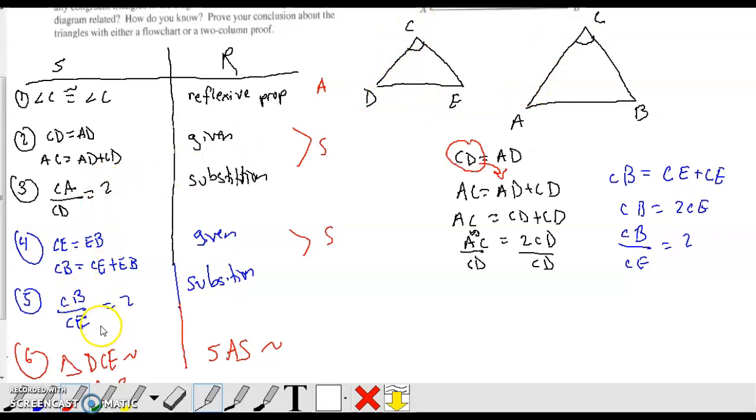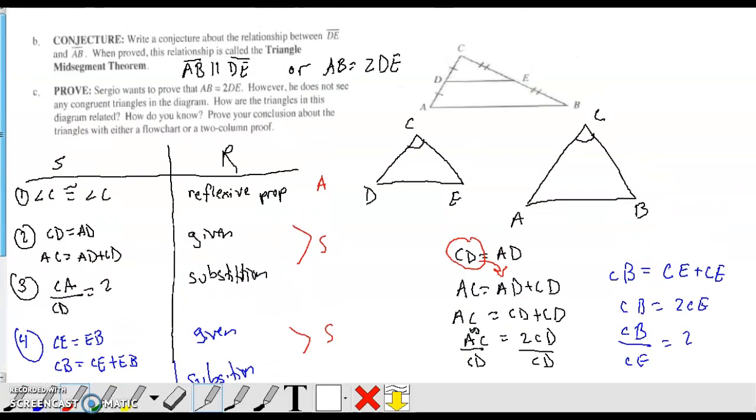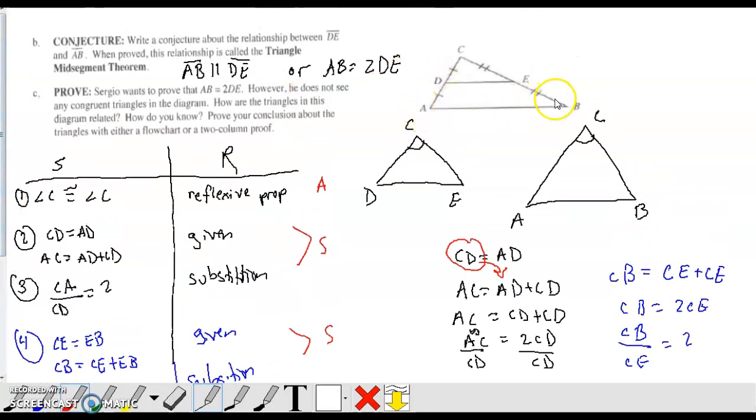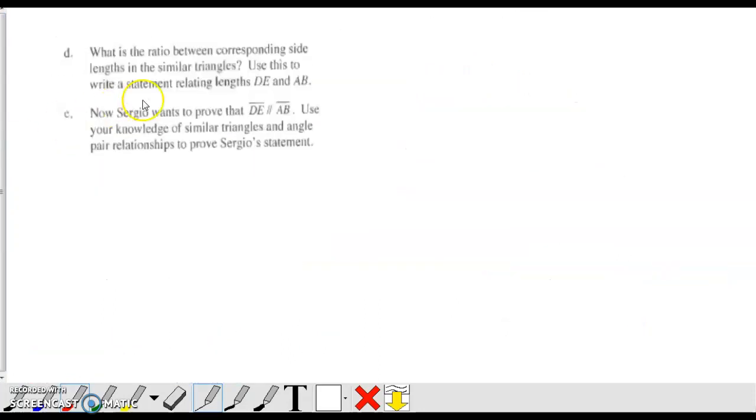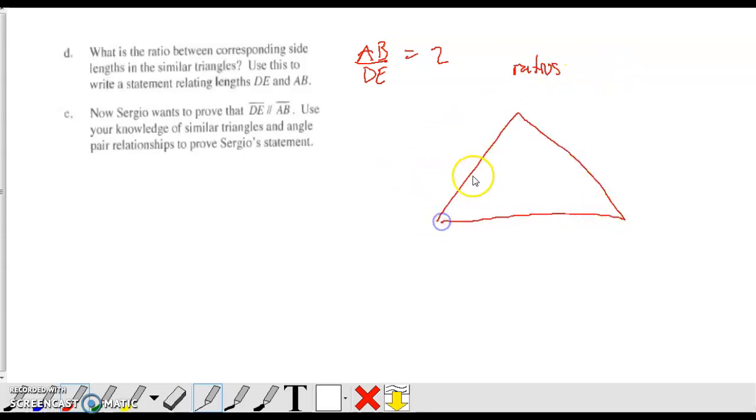We know CB, which is the larger side, over CE is also equal to 2, which means that AB is my larger side and DE is my smaller side. So basically I'm going to say that AB over DE is equal to 2. And again, it's based on our ratios, right? All of our ratios have to be the same. So again, here is our A, C, B, D, and E. So again, larger over the smaller one.